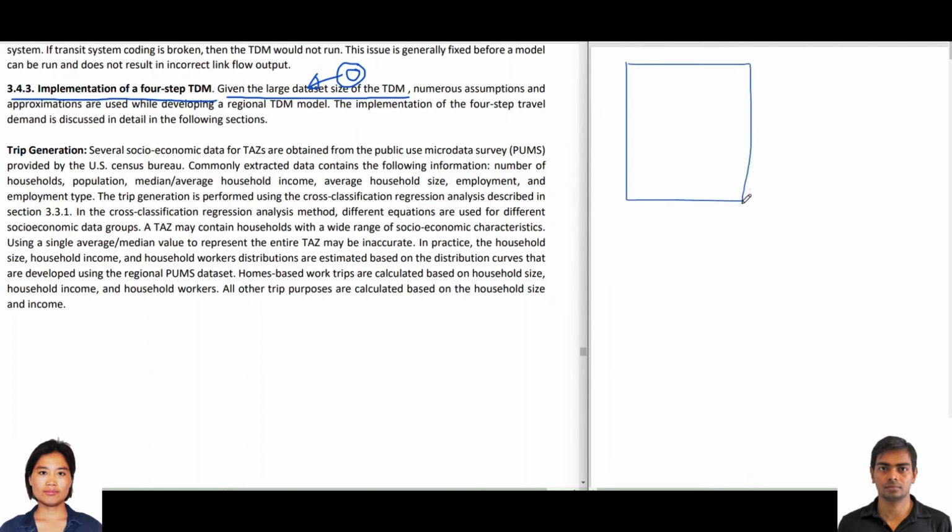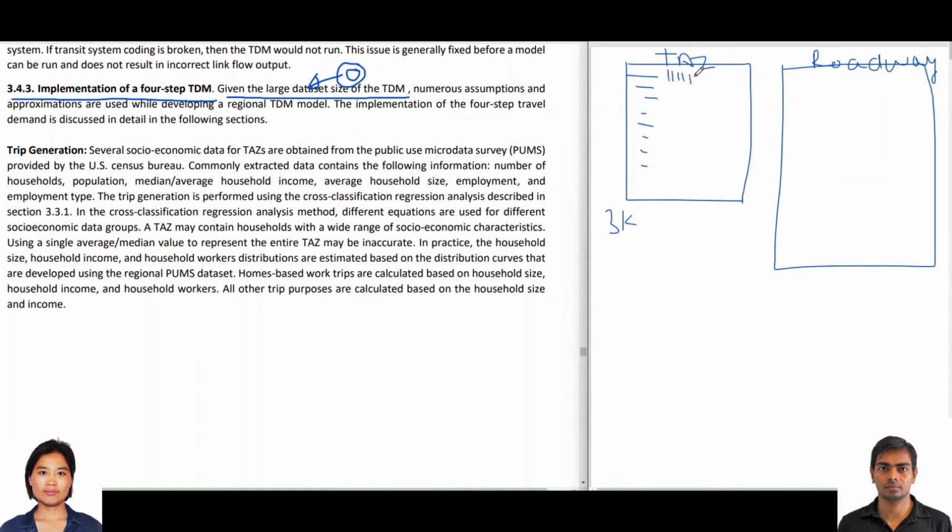The input to the travel demand model comes from two important files. One is the TAZ file, another is the roadway file, roadway and transit, like we saw in the previous video. Within the TAZ files, we saw that there are a lot of zones, let's say typically 3000 zones, and there are a lot of attributes for each TAZ.